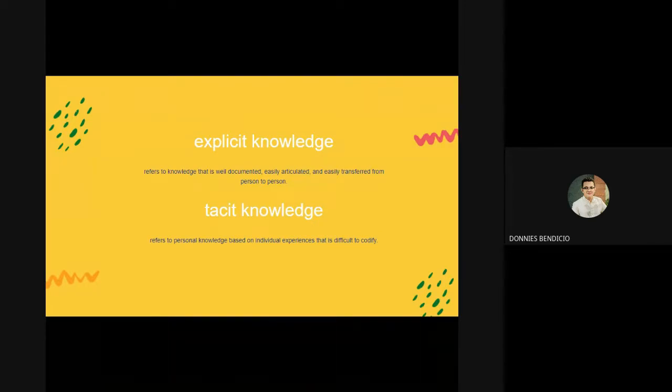Okay, so on the other hand, we have tacit knowledge. Tacit knowledge refers to personal knowledge based on individual experiences that is difficult to codify. So informal learning is central to the development of tacit knowledge because it involves employee interactions and personal relationships.